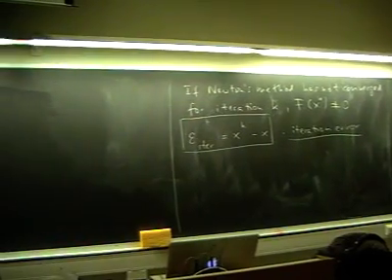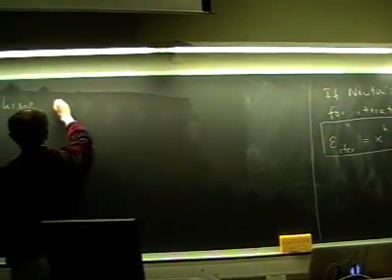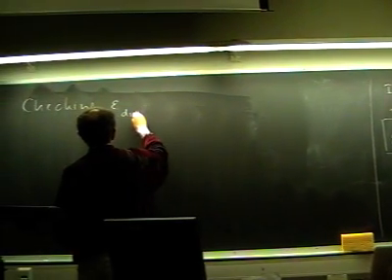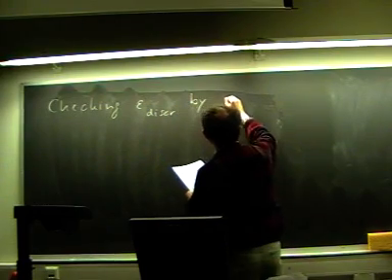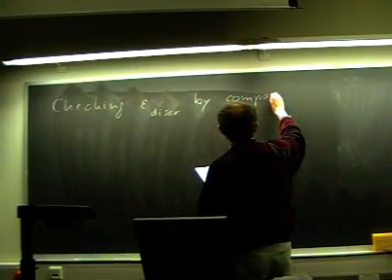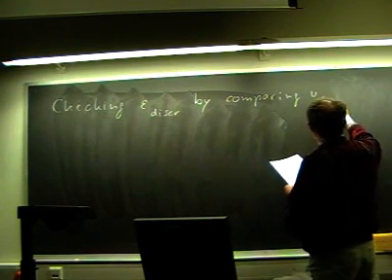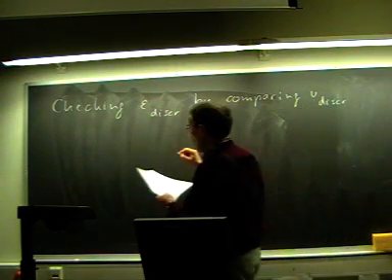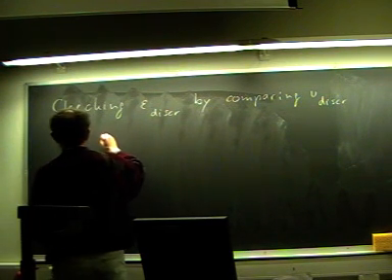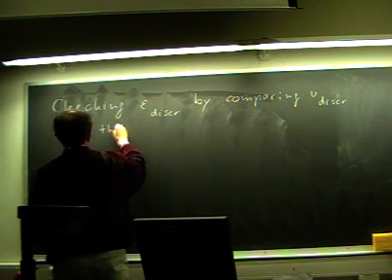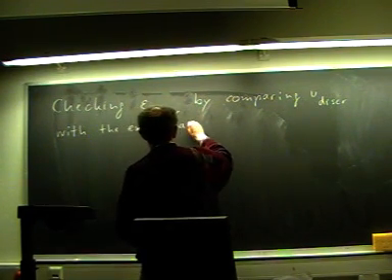So checking the discretization error, epsilon discrete, that is done by comparing the discrete solution with the exact analytical solution.